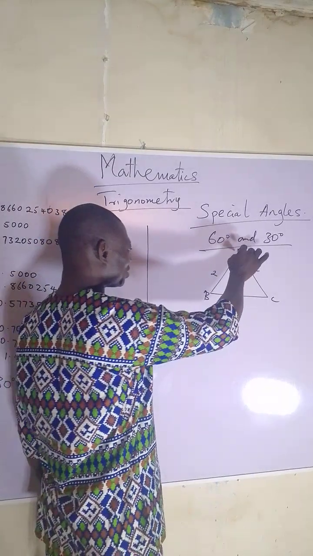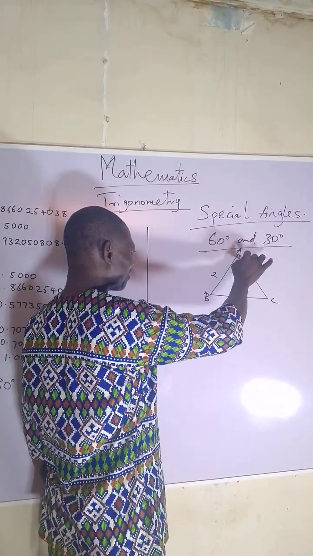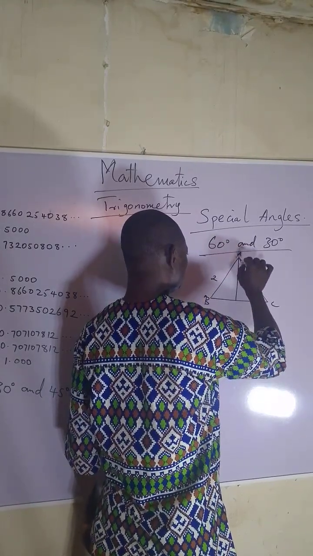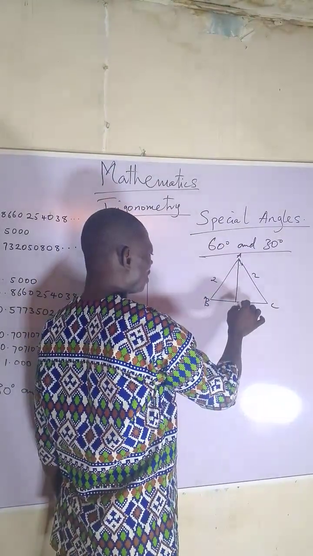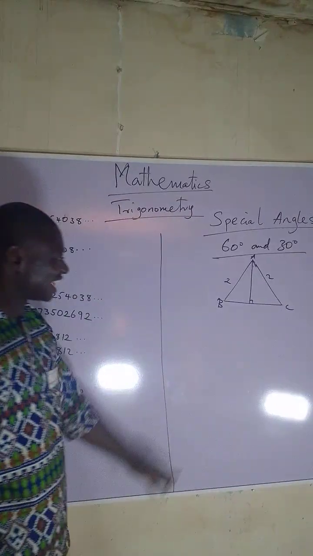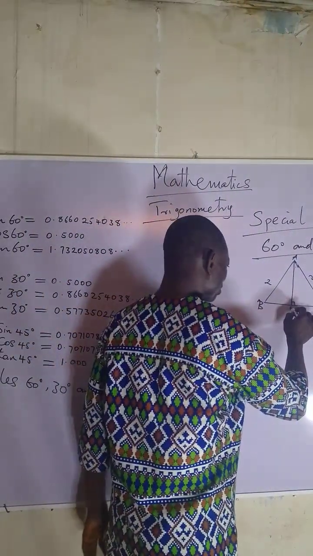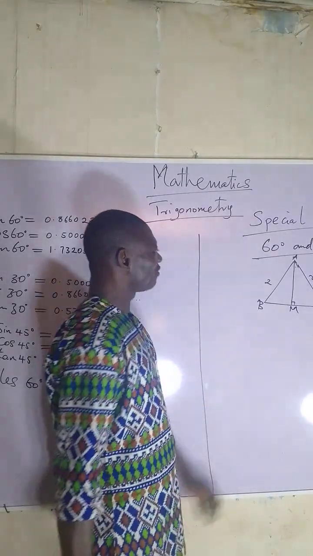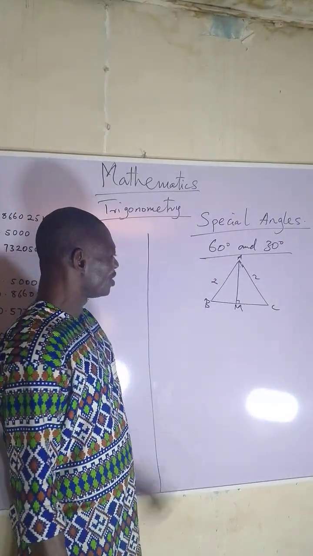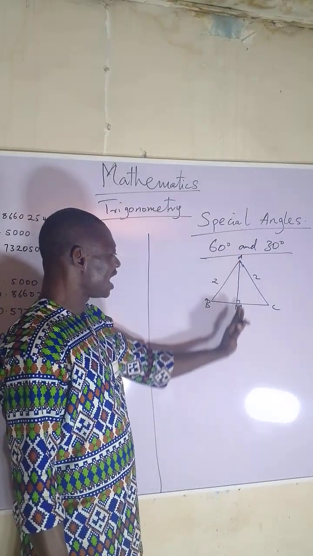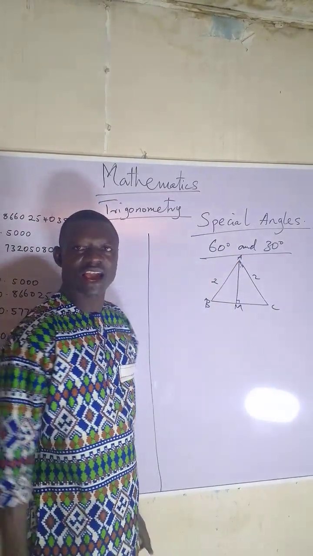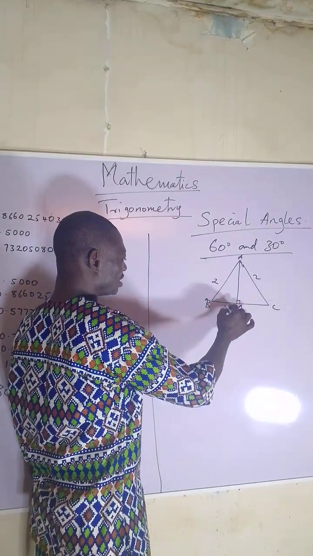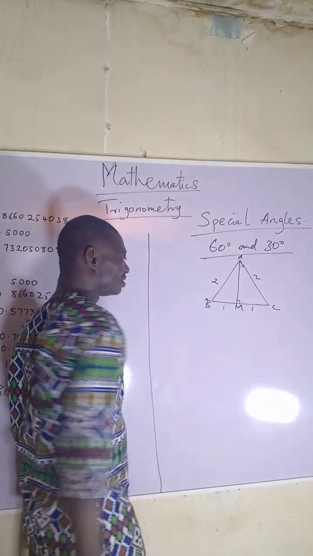But let us bisect this angle. Yes, if we bisect this angle and meet BC at 90 degrees, we can call this position midpoint M. What it means is that we now have AMB and AMC as right angle triangles, which is going to give us, if this is the midpoint, this is 1 and this is 1 unit.